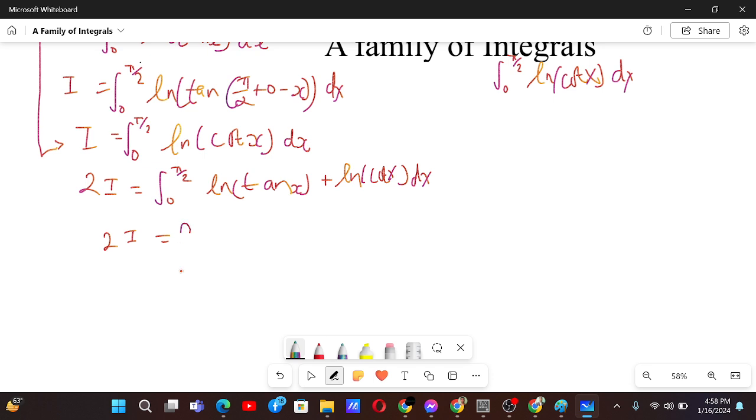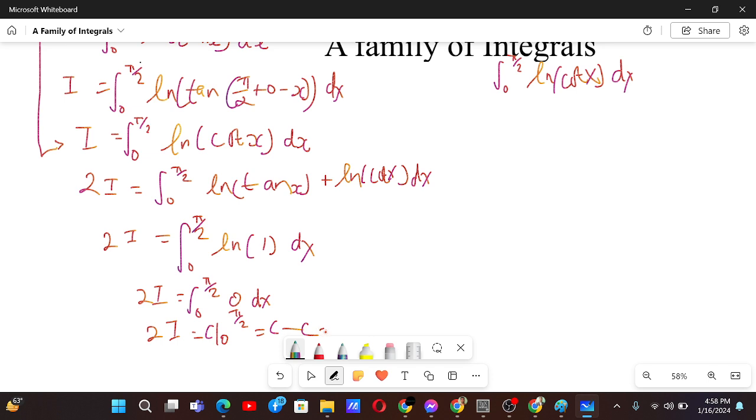We will use the property of logarithms to bring these together, and that gives us ln of tan times cot, which is 1, dx. Now ln 1 is just 0, dx. So this integral of a constant from 0 to pi by 2 is c minus c, which is 0. So 2I is 0, that's why I is also 0.